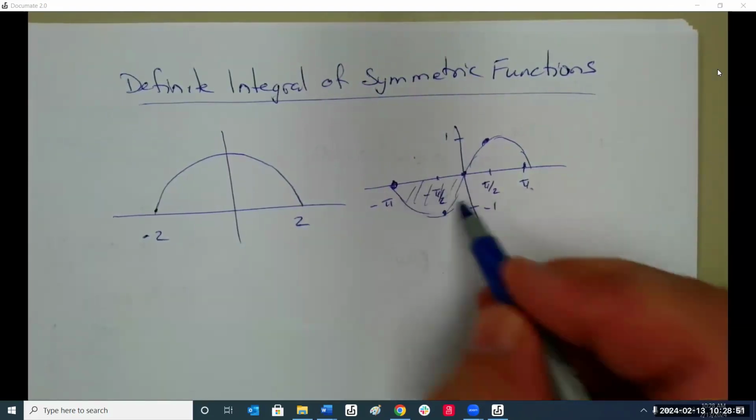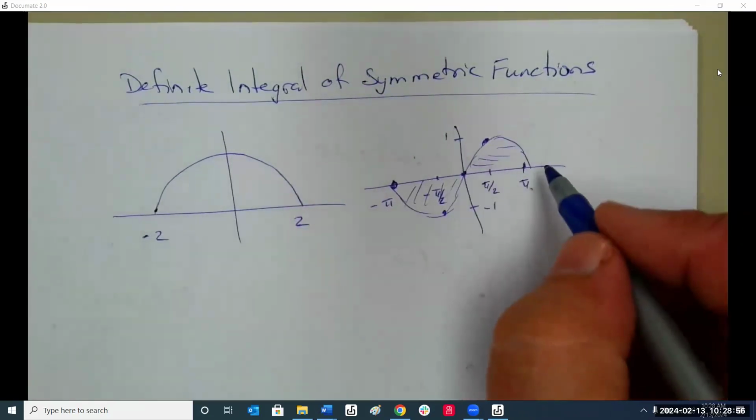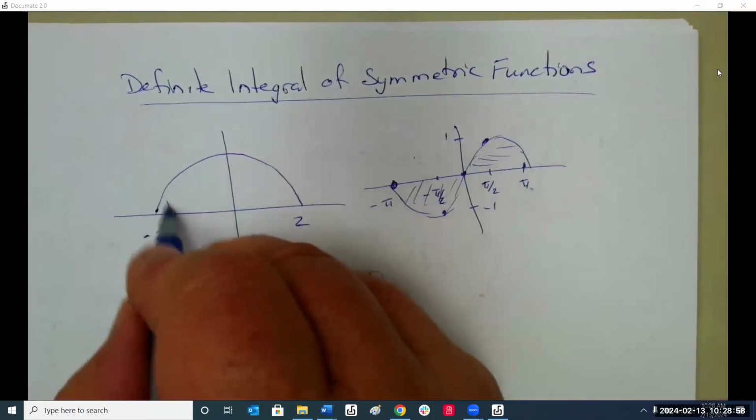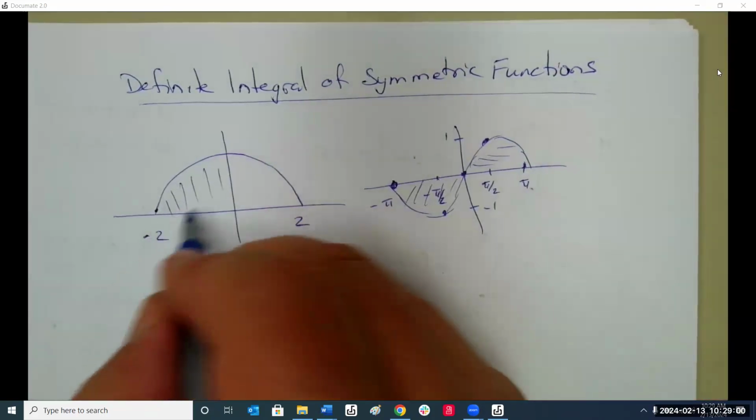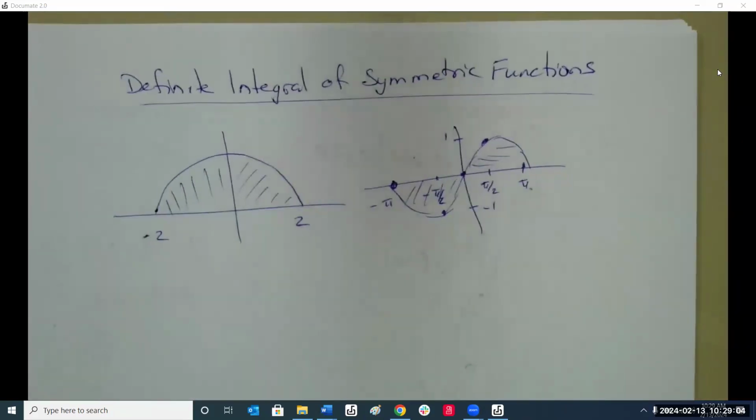The area here is negative, the area here is positive, and if we add them together, we get 0. So that's the problem we'll be faced with whenever we know we have symmetric equations.